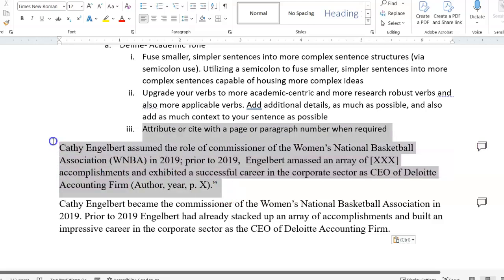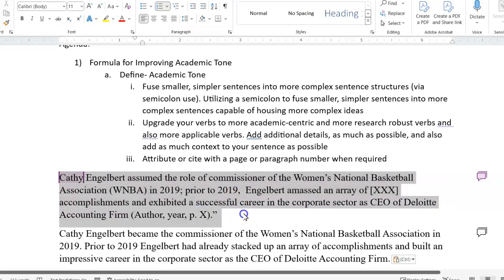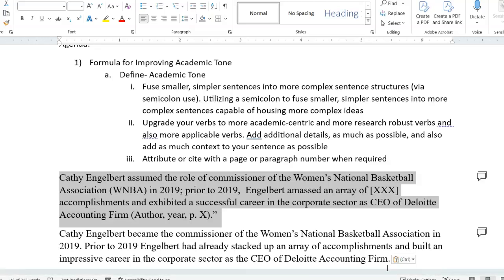Our improved version, using the formula for improving academic tone, reads as follows. Cathy Engelbert assumed the role of commissioner of the Women's National Basketball Association, WNBA, in 2019. Prior to 2019, Engelbert amassed an array of blank accomplishments and exhibited a successful career in the corporate sector as CEO of Deloitte accounting firm (author, year, page number).